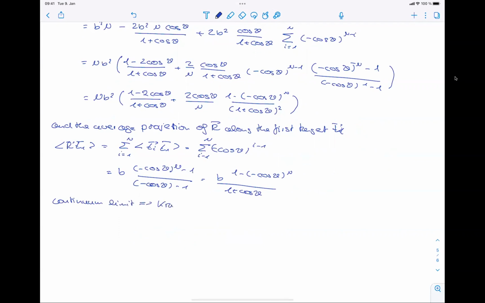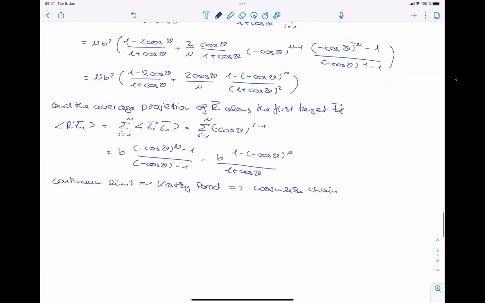Taking the Kratky-Porod model forward gives us the worm-like chain. And so what we do is, again, we send the segment length to 0 while sending the number of segments to infinity, now keeping nb, the length of the polymer, fixed.